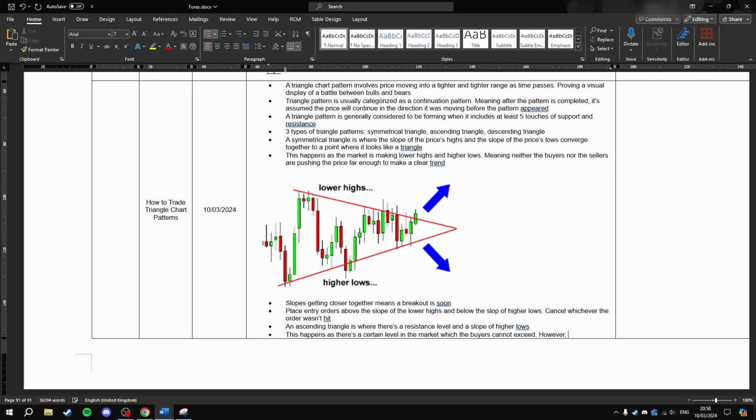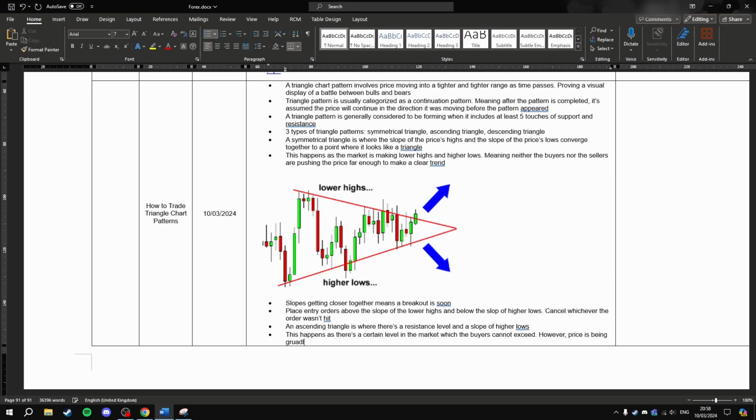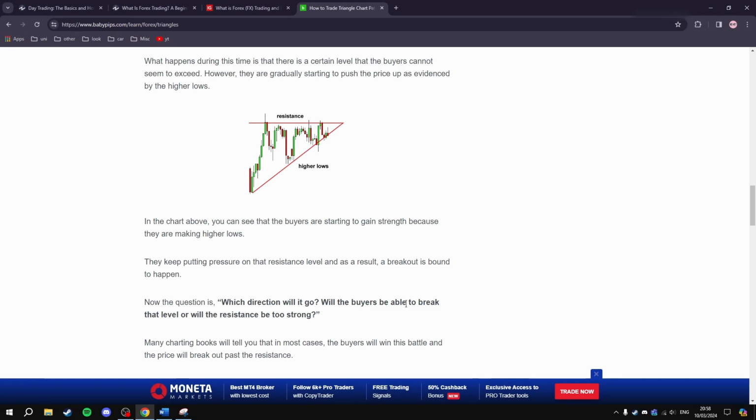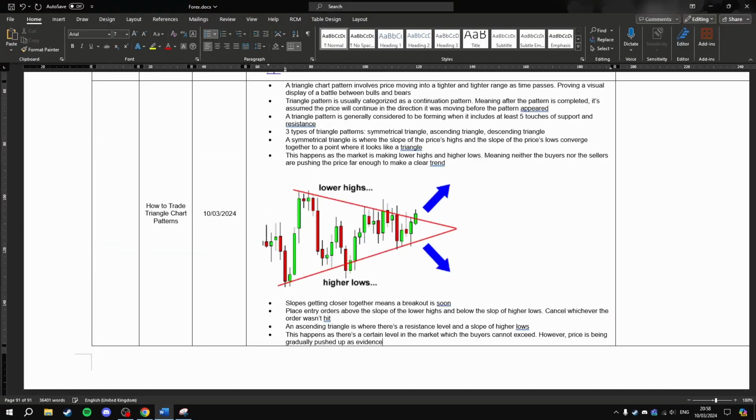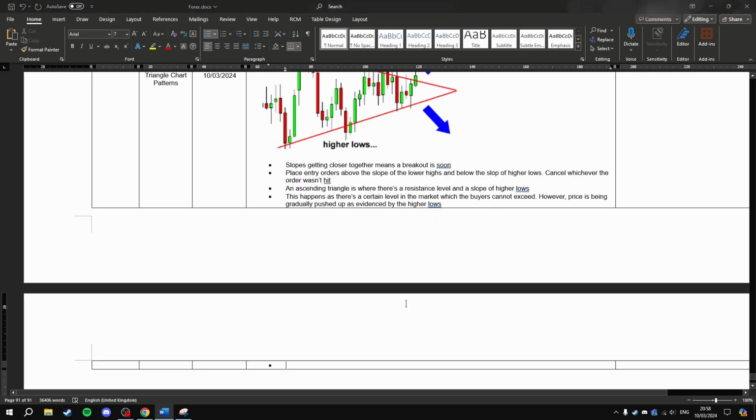However, price is being gradually pushed up as evidenced by the higher lows.